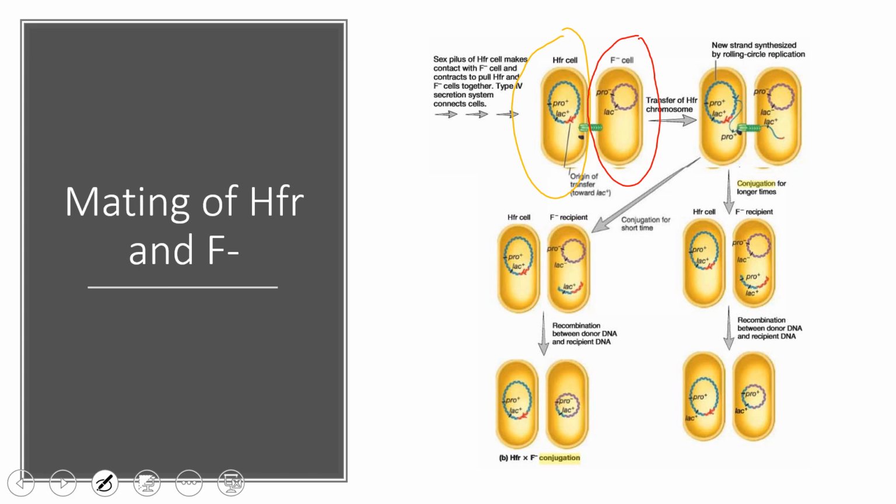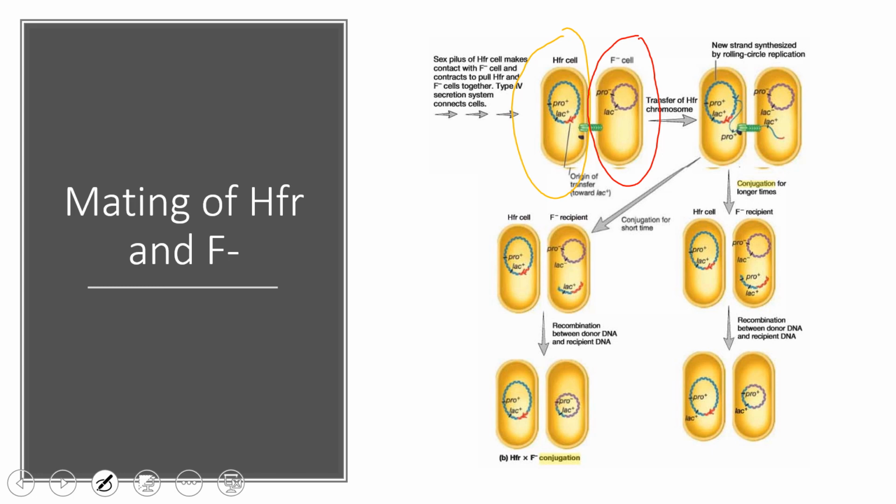In the transfer of the DNA, only a small portion of the F plasmid will be transmitted, but a larger portion of the bacterial chromosome will be transmitted in this step.